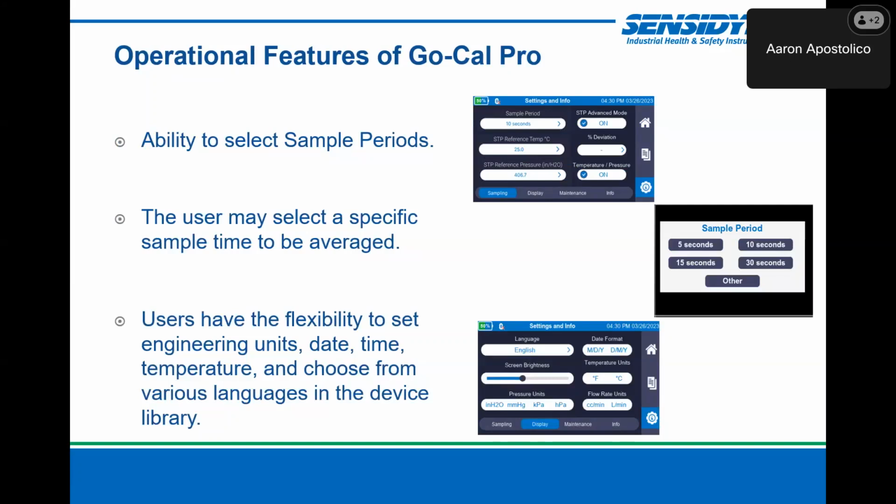Now, the longer the sample duration, the more you can actually detect the pulsation within the air sampling event. But if you want a relatively quick calibration, you might want to choose 5 or 10 seconds as your sample period. Users have the flexibility to also set things like engineering units, the date and time, the temperature, and choose from over 9 languages within the device's library.